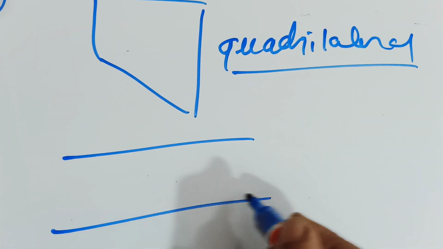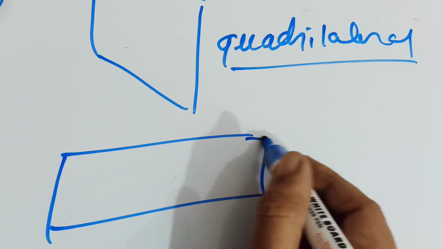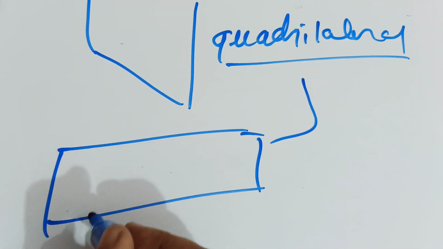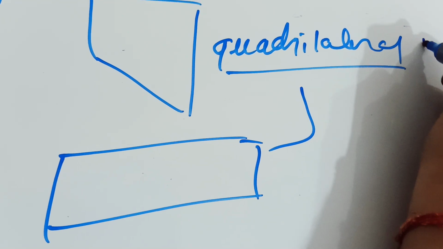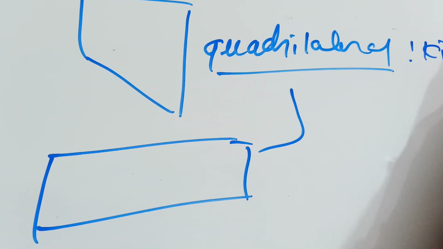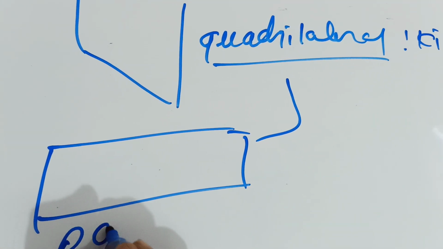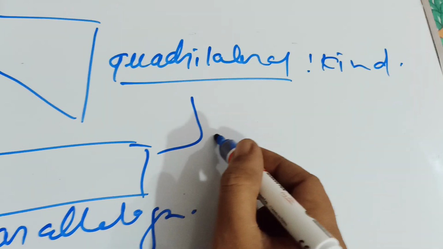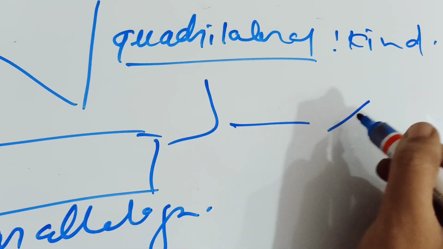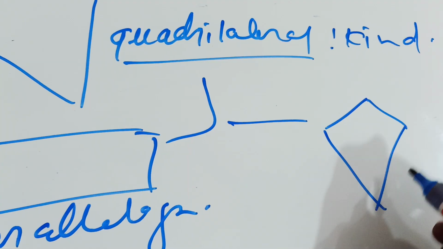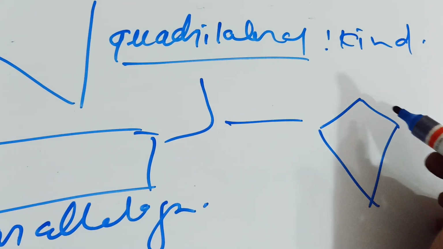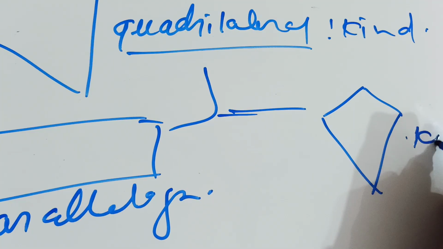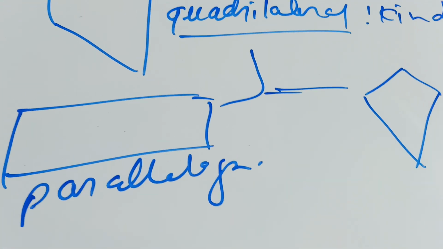If opposite sides are equal, automatically they will become parallel, and this is one kind of quadrilateral we are studying, and this is parallelogram, and those which are not, like kite and general quadrilateral, have a different variety. This is a kite, which is not a parallelogram.